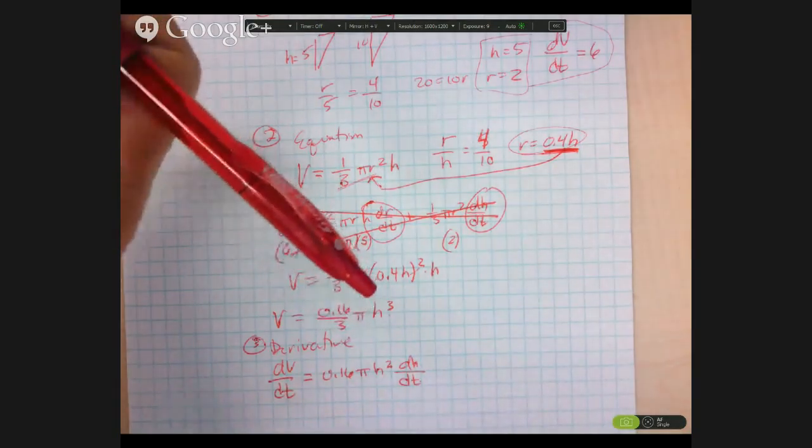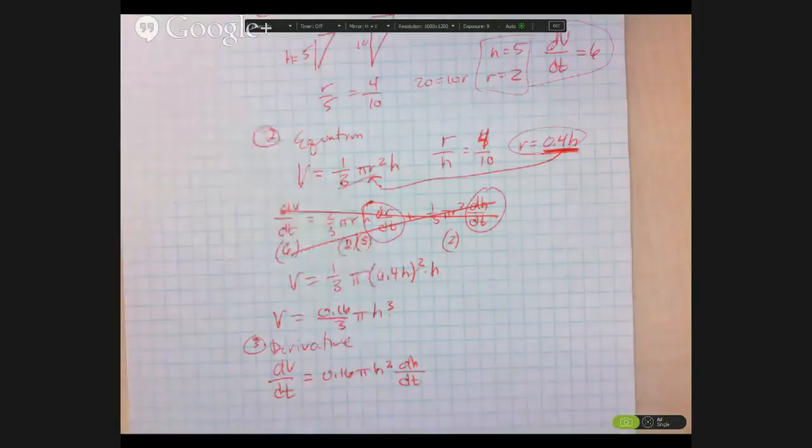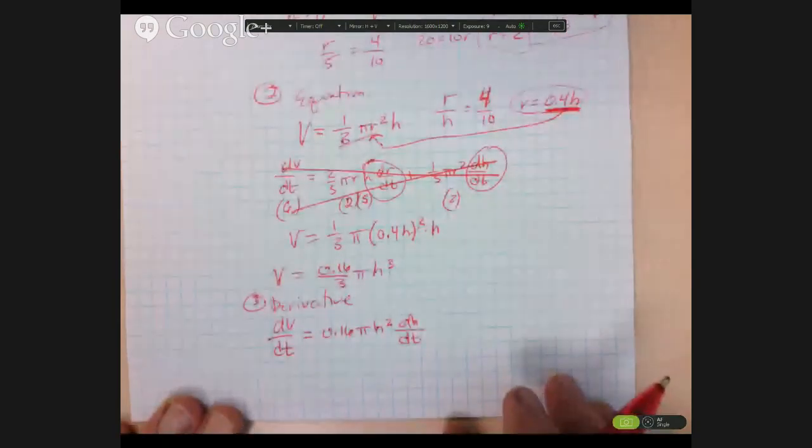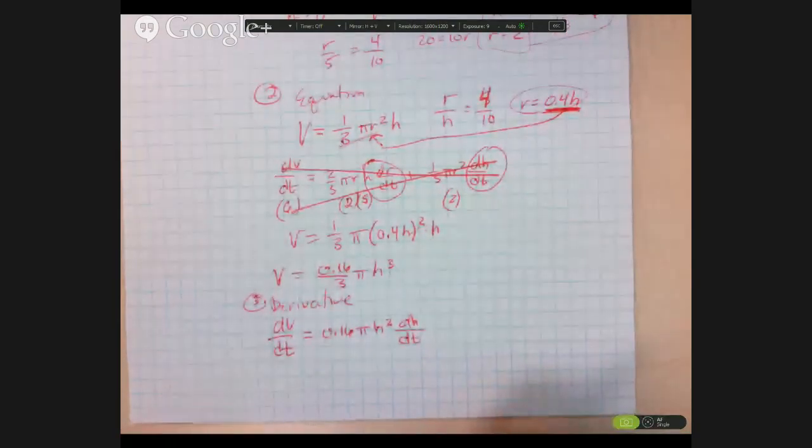So the H squared still has to remain. Then you put the dH/dt. Oh, the 3's cancel because you bring a 3 down. Now you can plug everything in.